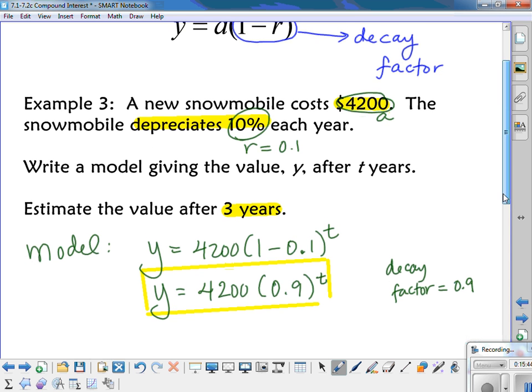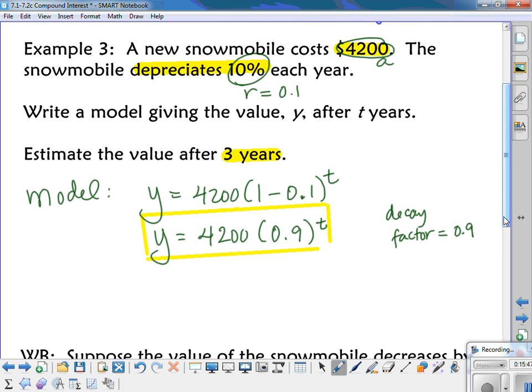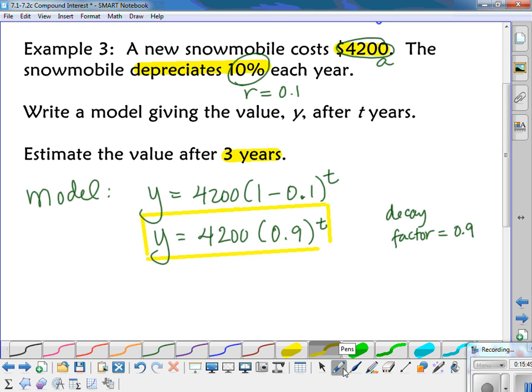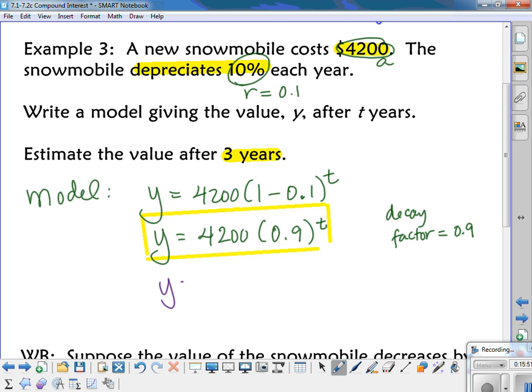Okay? So that's the model that I could use for any time amount. And then if I want to find it specifically for 3 years, I just plug in a 3 for time. So 4,200 times 0.9 to the third power. So punch that in your calculators.